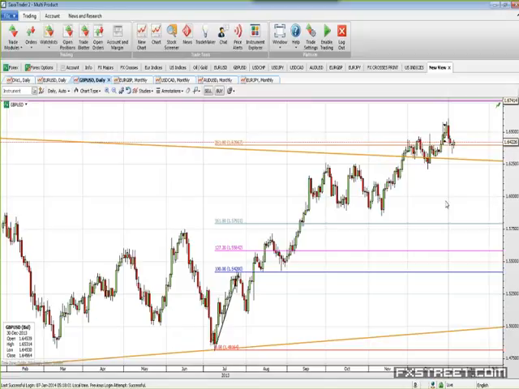I like to count waves, not literally, obviously, but I want to see price action around relevant fib levels. Now we can see here that this was quite an impulsive move up, but it completely ignored 161.8%, and this was actually the corrective pattern here, and this was then the fifth wave.